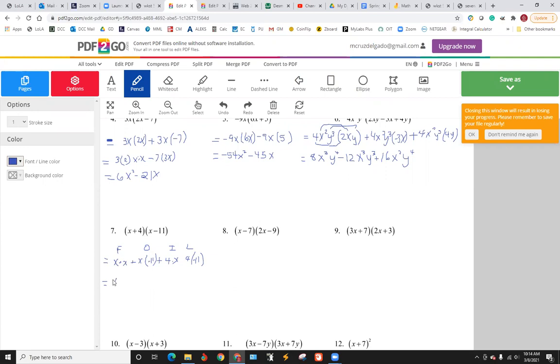So that's x squared. X times negative 11, well, the sign's going to be 11. You know, the number always goes in front of the variable. And then these are going to combine.